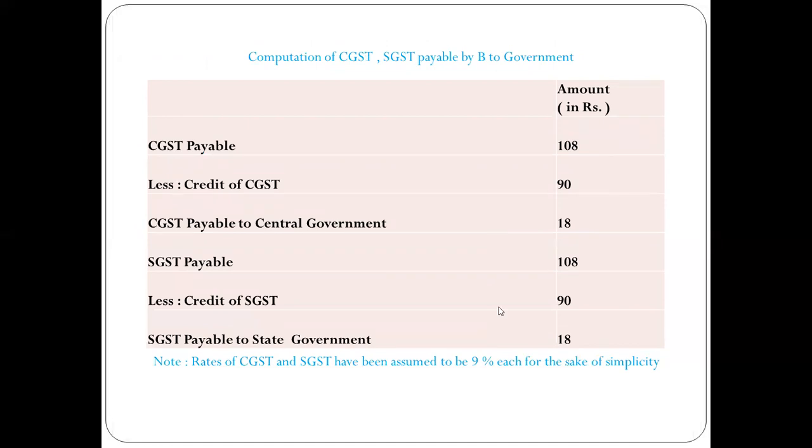CGST payable 108 less credit of CGST 90 rupees, so CGST payable to central government is 18 rupees. SGST payable 108 less credit of SGST 90, so SGST payable to state government is 18 rupees. Rates of CGST and SGST have been assumed to be 9% each for the sake of simplicity.